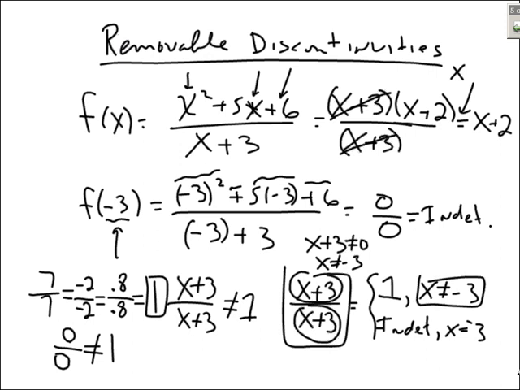Okay. So, let's go back to the top for a moment. I crossed this out as if it were 1, and I said 1 times x plus 2 is x plus 2. But this is not always 1. It's a 1, provided x is not negative 3.